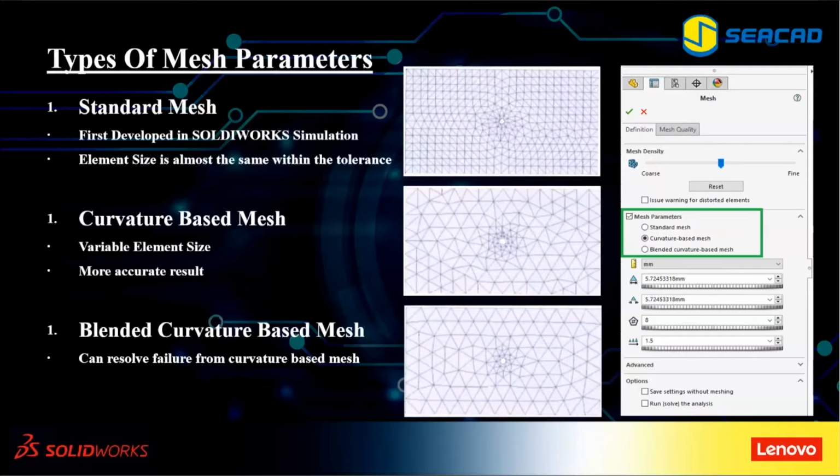So in this condition, the blended curvature-based mesh can help you resolve the failure from the curvature-based mesh. If the curvature-based mesh fails, then you can move to the next one, the blended curvature-based mesh. Okay. Let me show this in SOLIDWORKS.